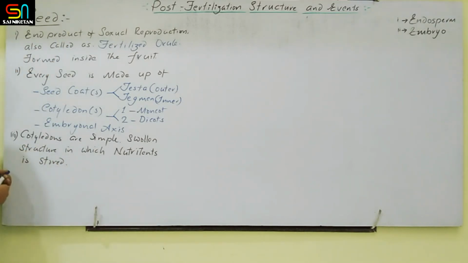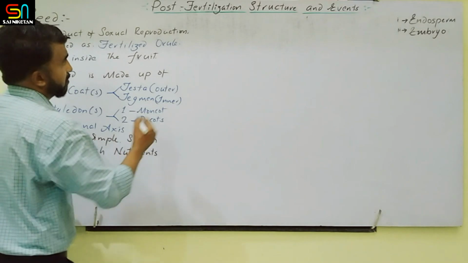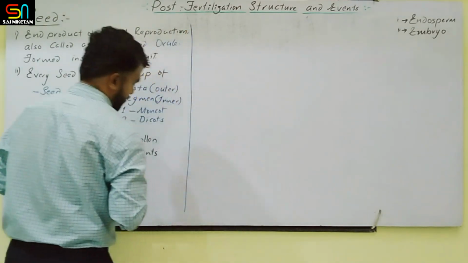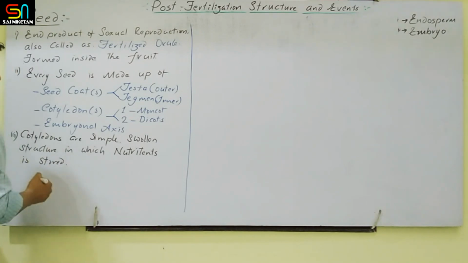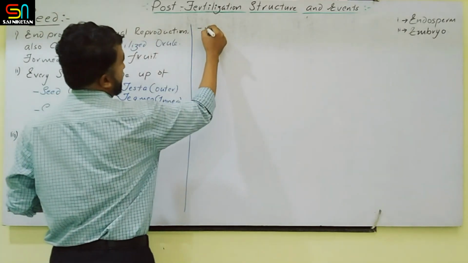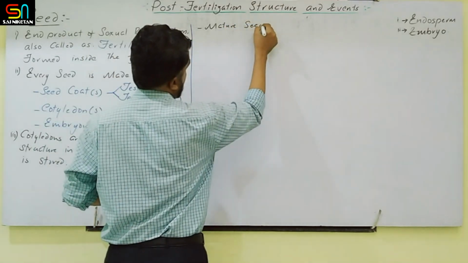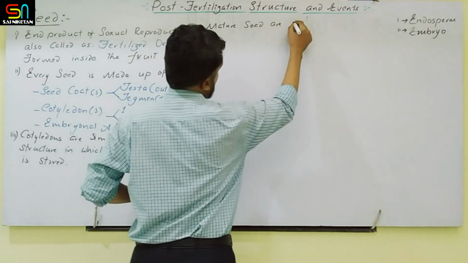Now the types of seed are given. That is the next point. Mature seeds are of two types.